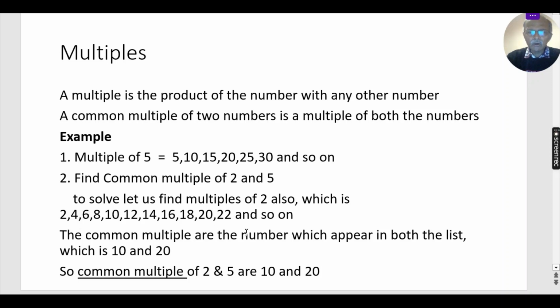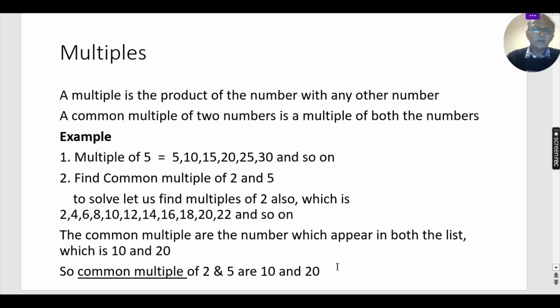There may be other common multiples in the list, but since I have stopped at this point, I could find only two, that is 10 and 20. So we can say the common multiples of 2 and 5 are 10 and 20. If we expand this table, we will get more common multiples of 2 and 5, but in the given example here, it is only 10 and 20.